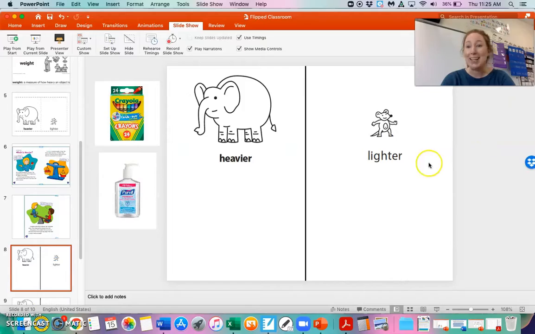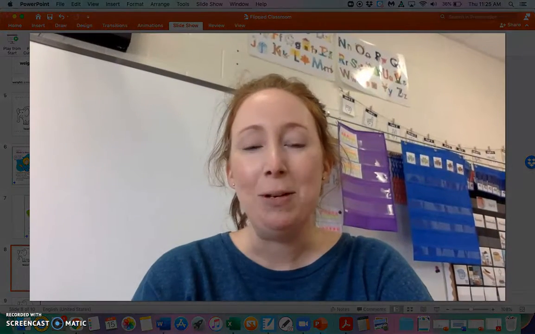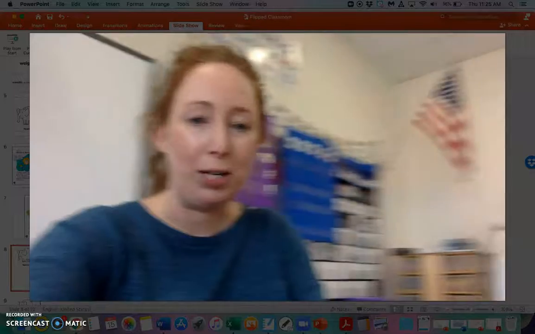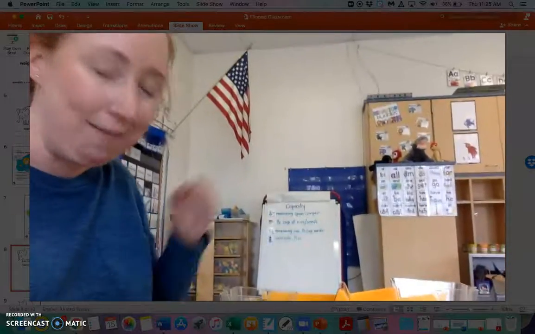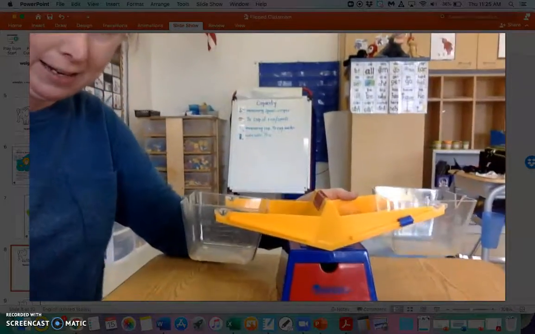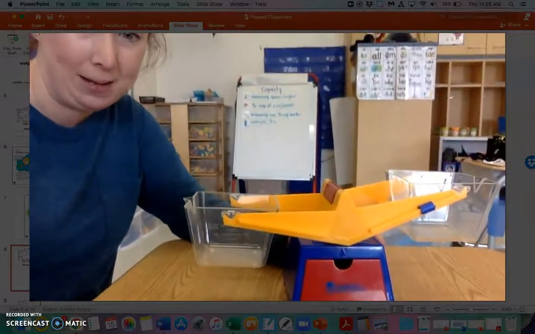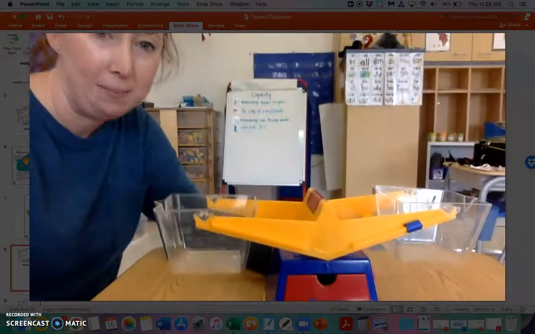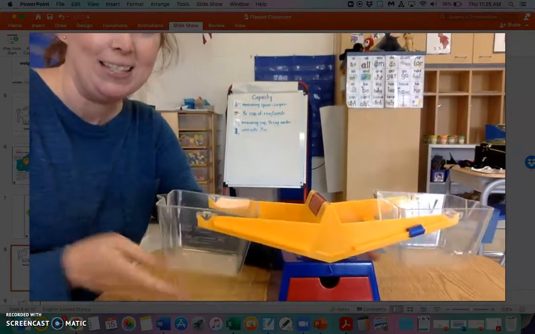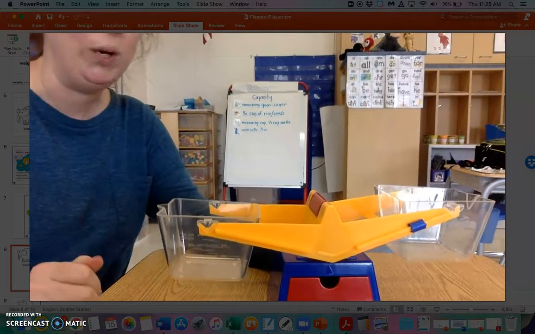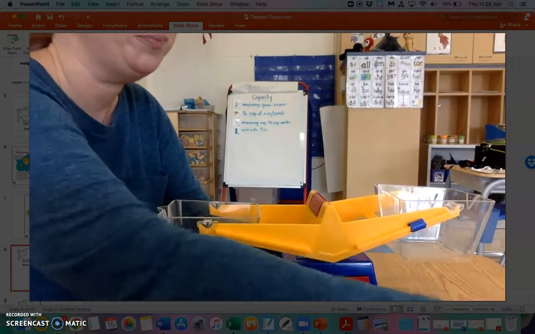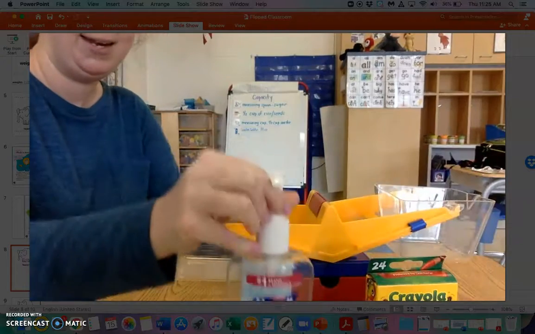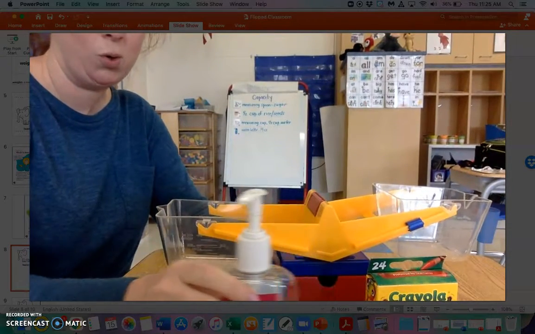So now is the fun part. Now is where we're going to compare two different real objects in class. So I have here, see if we can see it, my pan balance. So here's the balance. I kind of want you to be able to see me and the balance. There you go. So here's the balance. We're going to compare crayons and hand sanitizer.